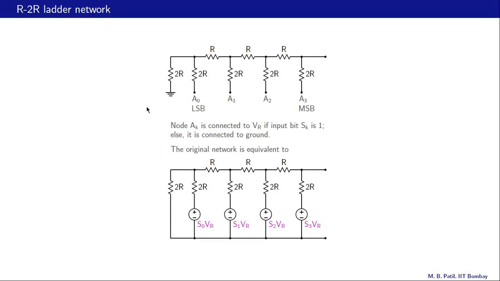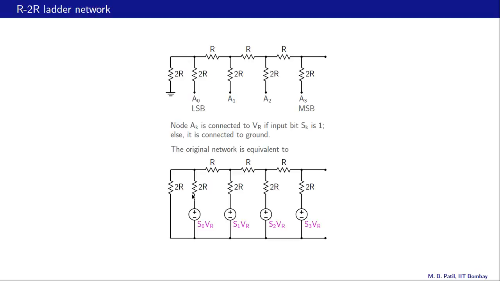We can replace this original network for convenience in analysis with this equivalent network, and let us see why the two are the same. This ground node here is the same as this common node. Now let us consider this node here, which is A0.